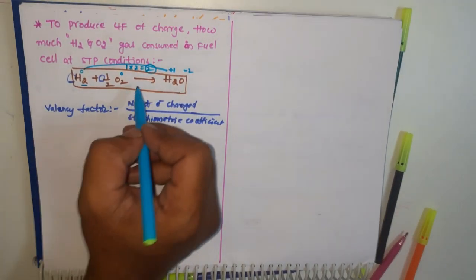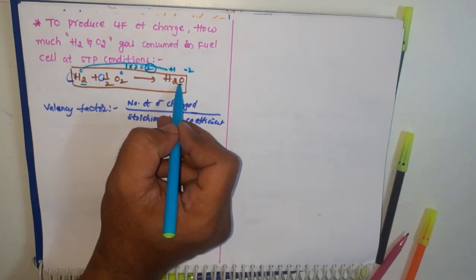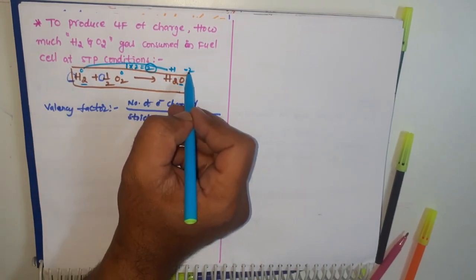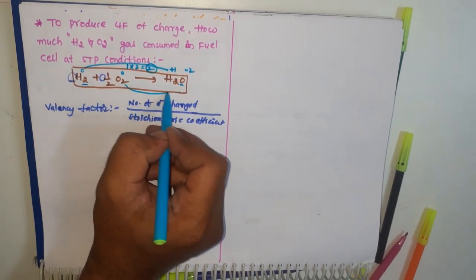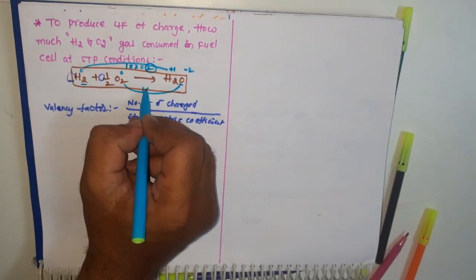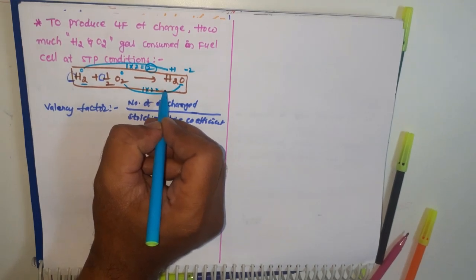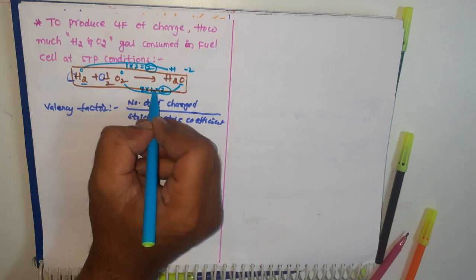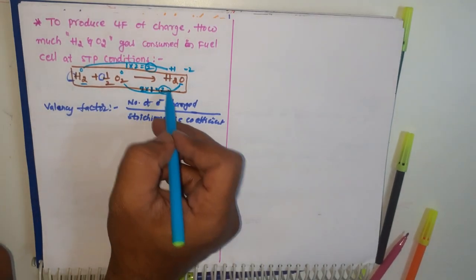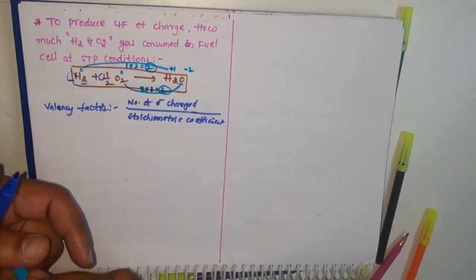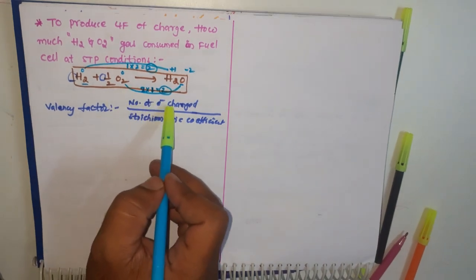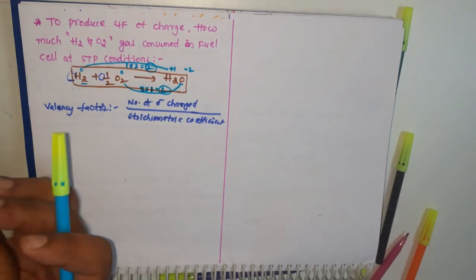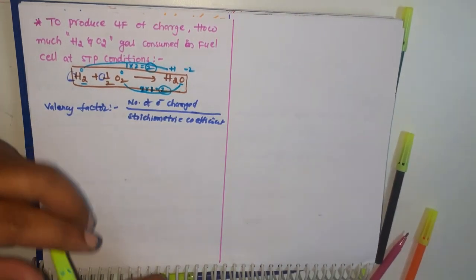In the same way, half O2 means 1 oxygen atom, which carries -2 charge, so 2 into 1, that is also 2. The number of electrons changed is 2 for hydrogen as well as 2 for oxygen.